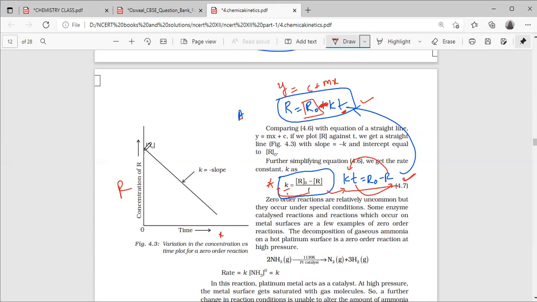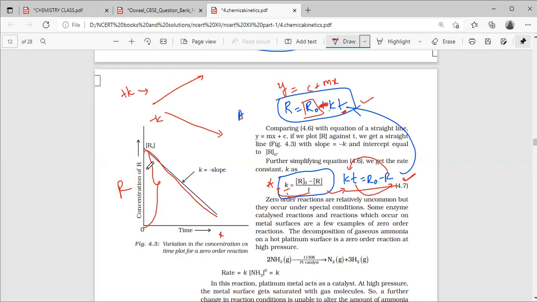That means the line will start at distance R0, and whenever the slope is negative, the line will come downside. If it is plus k, the slope will go up. If minus k is there, the slope will go down. These are the symbols and the mathematics also.